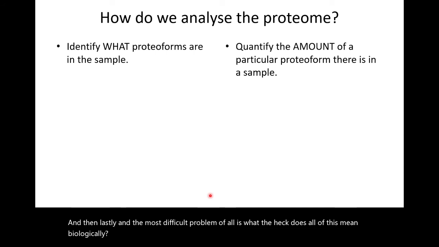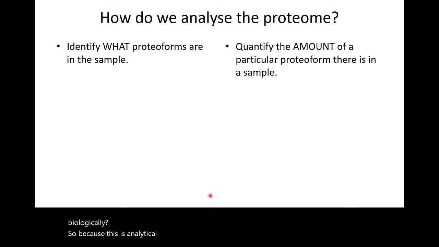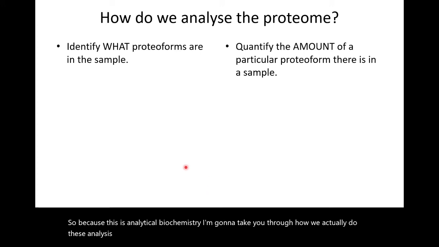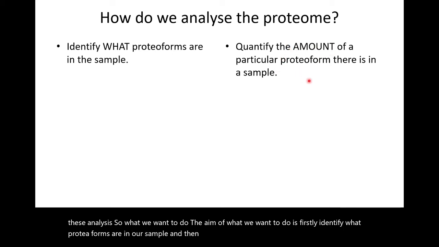Because this is analytical biochemistry, I'm going to take you through how we actually do these analyses. The aim of what we want to do is, firstly, identify what proteoforms are in our sample, and then quantify the amount of each particular proteoform in the sample.